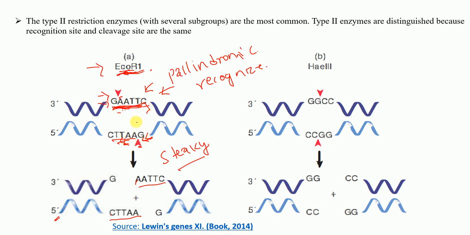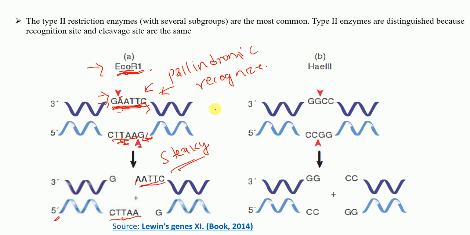And where does it cut? Whenever this enzyme sees this sequence, it will recognize it and cut from here and here, resulting in 5' and 3' overhangs. This kind of restriction digestion is called a staggered cut that results in sticky ends.